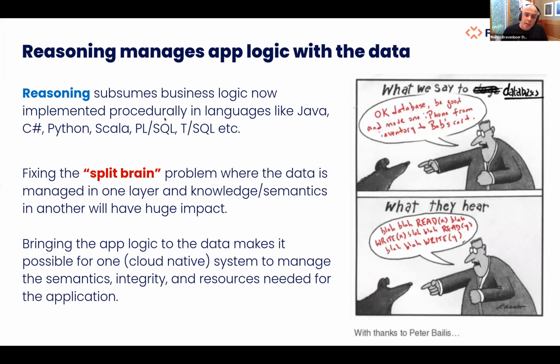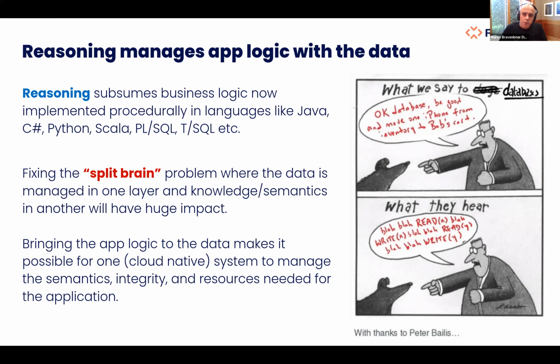All right. So we think it's really important to start documenting these conceptual models very clearly inside the database. The semantic layer and reasoning, from our perspective, subsumes and captures the app logic that is currently still written in procedural languages. We have conditioned ourselves to build our applications in a split-brain architecture.